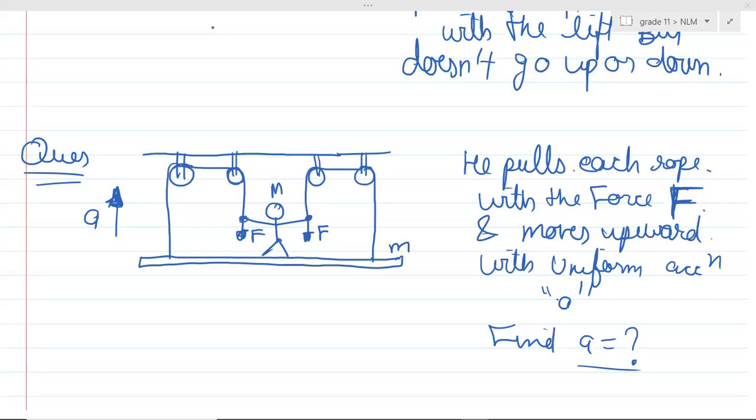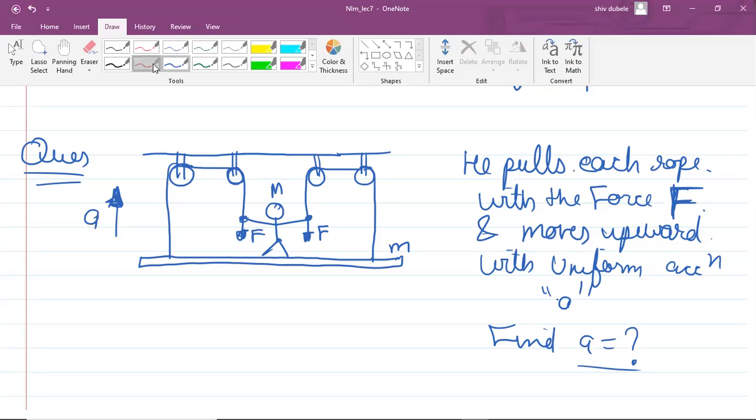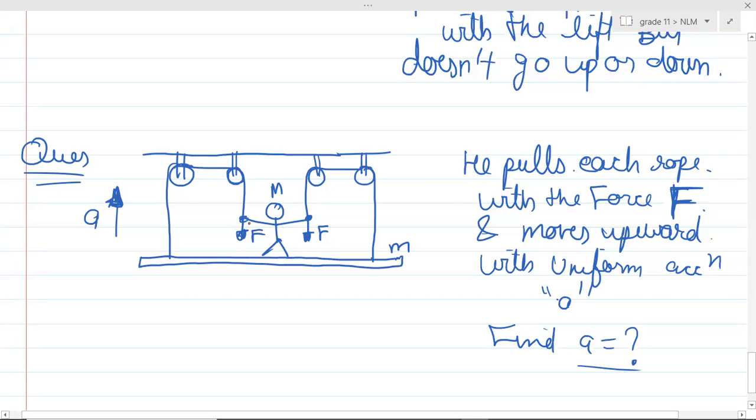See guys, first concept I told you: can you see this force has been directly applied to the string? So basically what will be the tension in the string? The blue F which I have drawn is the force applied by the man on the string. So the force applied by the string on the man will be the same F. This force F will act as the tension in the string.